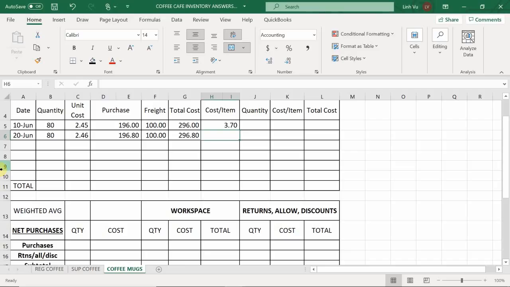So in this case, how much can I return my 4 broken mugs for? If you notice here on your inventory worksheet, you do have a special location for you to do your returns and allowances and your discounts.